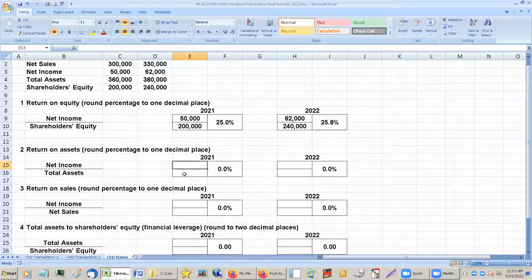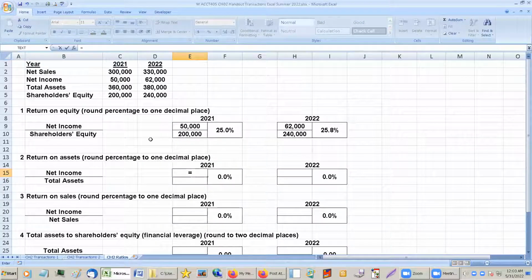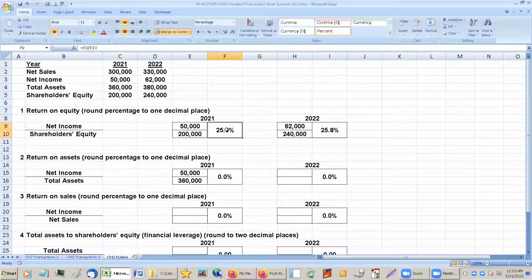Okay, return on assets, net income. So 2021 net income is 50,000. And we go grab total assets, 360. Again, I'm just going to copy this cell. Copy. Paste. Okay. I assume you guys know how to copy and paste. You'd be in a grad course if you didn't know how to do that. But okay.